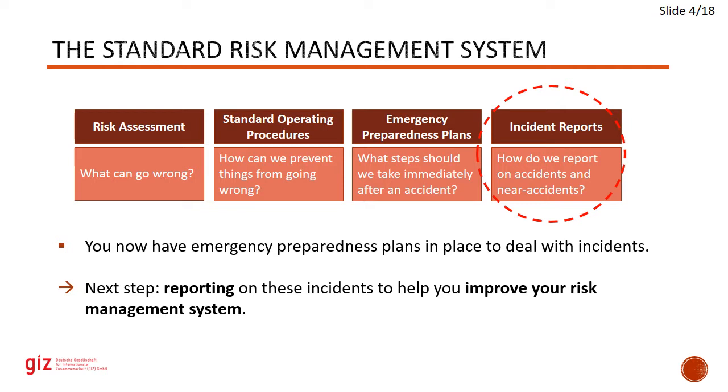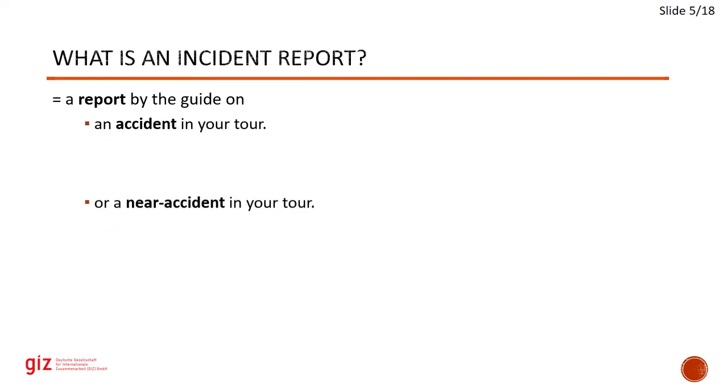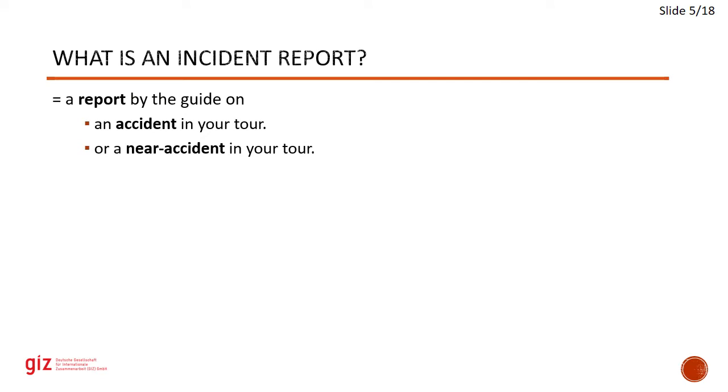How do we report on accidents and near accidents? So what is an incident report? Well, it is a report by the guide, or another person if the guide is unable, on an incident. So this means an accident in your tour or a near accident in your tour.